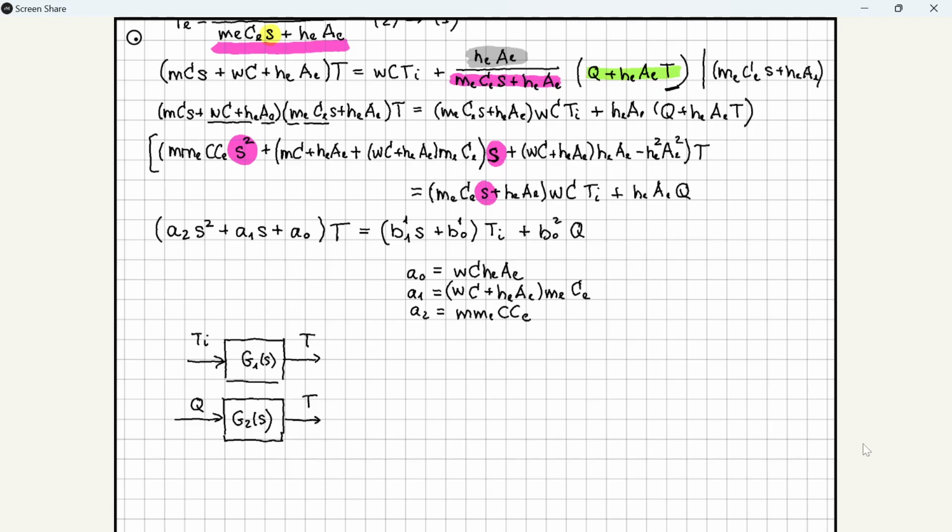And the first transfer function assumes that Q equals 0. And the second assumes that Ti equals 0. So that input is 0. And remember, it doesn't have to be 0. It just means it's static. That means it's steady state. There's just no dynamics on it.